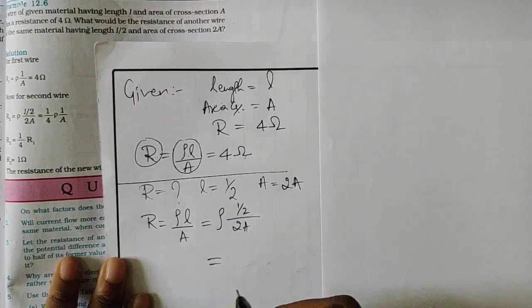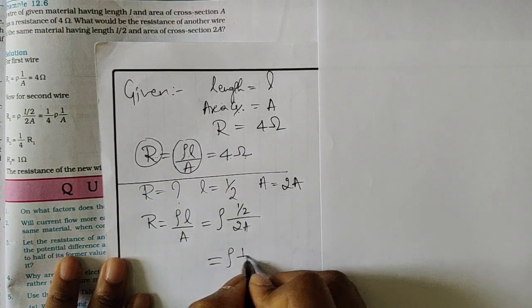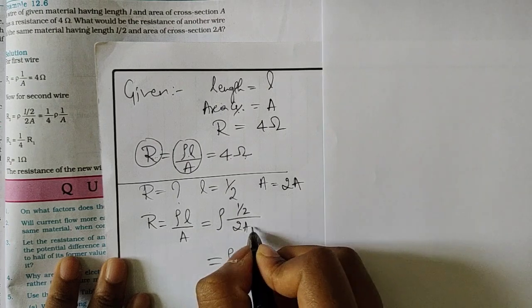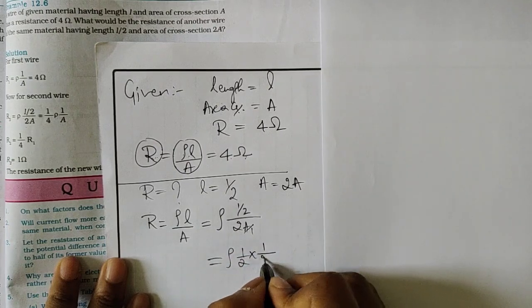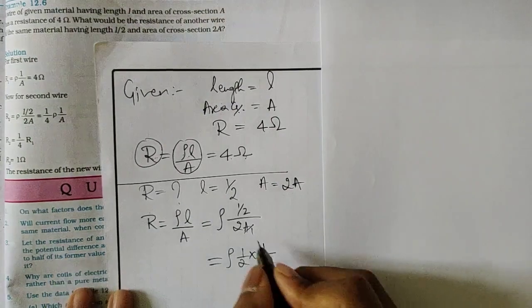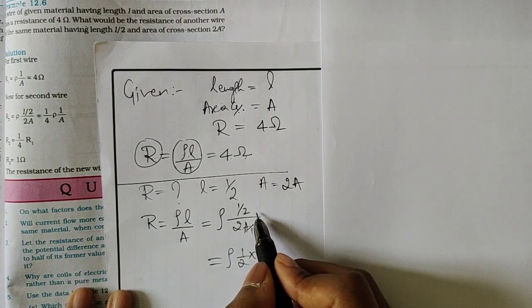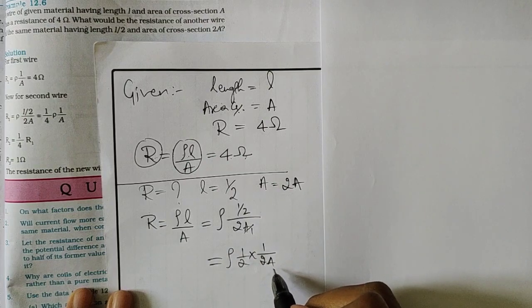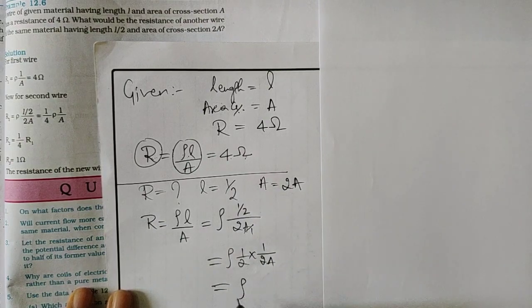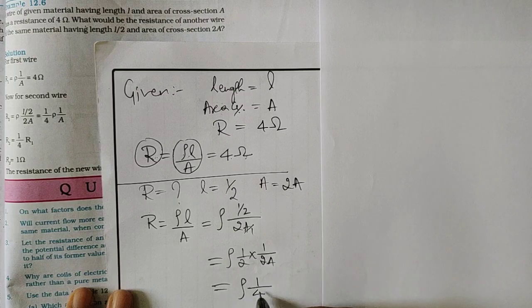So next step will be rho 1 by 2 into 1 divided by 2 ampere, right? This is what we have in the denominator. When you shift to numerator, this will be our answer. Now rho 1 by 4 ampere, correct?